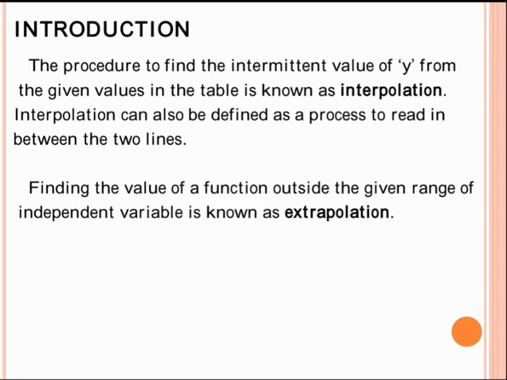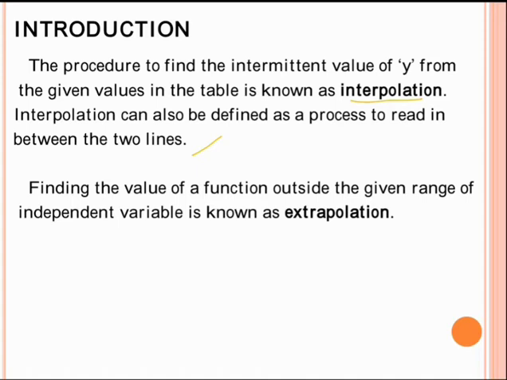Now let us see what is interpolation. The procedure to find the intermediate value of y from the given values in the table is called interpolation. Interpolation can also be defined as a process to read in between the two lines. See, if you say in simple words, we can say that if there are suppose 100 values given to us in the interval of 5, okay, suppose 5, 10, 15, 20, such values are given to us for equal and unequal interval.